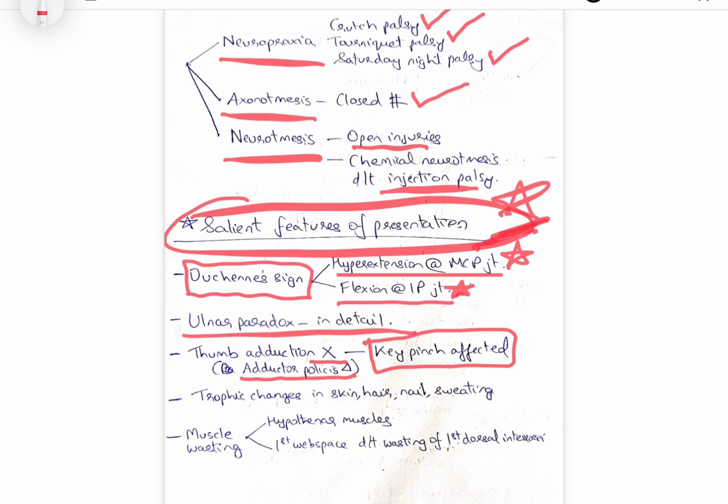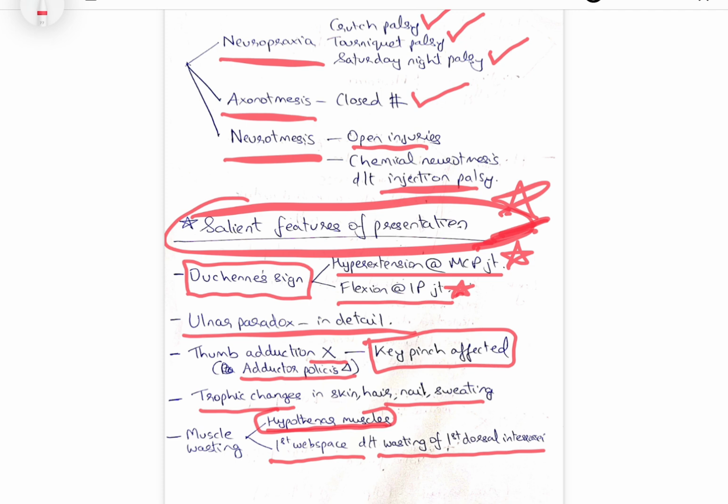Additionally, the common things we see in peripheral nerve injuries are trophic changes in skin, hair, and nail, and there might be some sweating. Muscle wasting characteristically is seen in the muscles supplied by the ulnar nerve, that is the hypothenar muscles. Additionally, the interossei wasting also occurs, but the wasting of the first dorsal interosseous is marked, so it shows classical wasting in the first web space and hypothenar muscles.